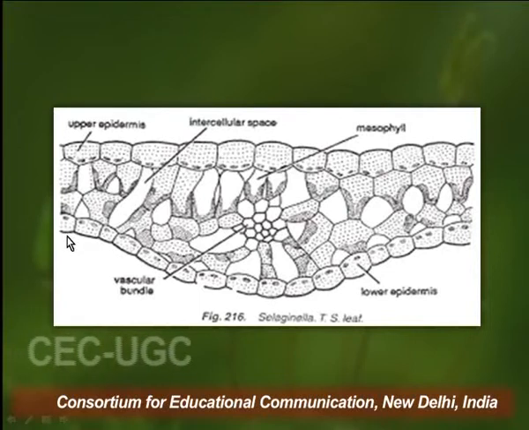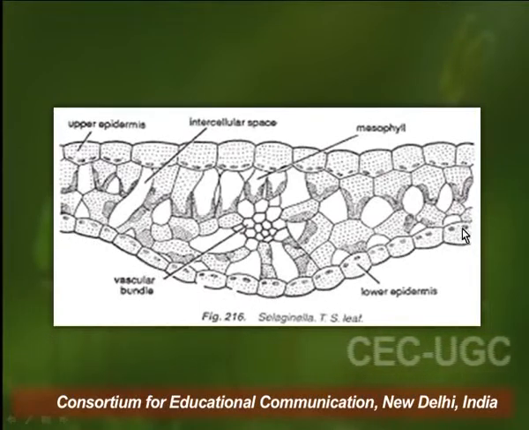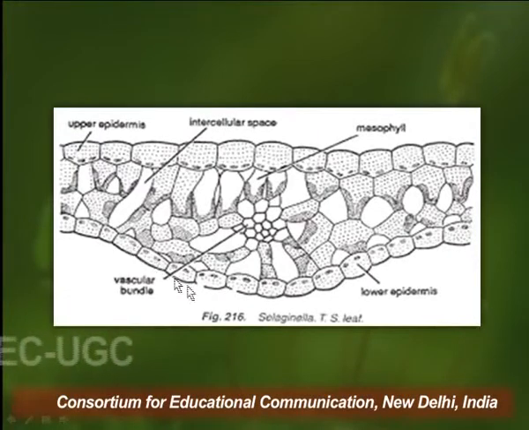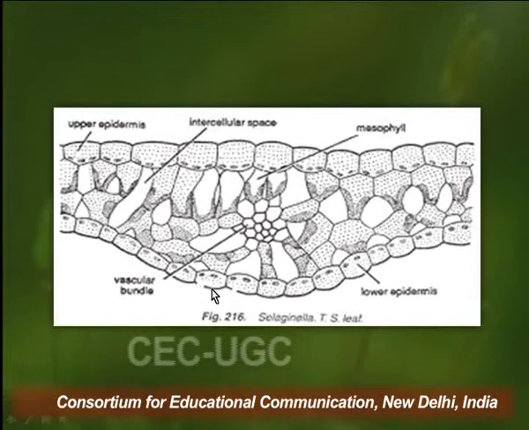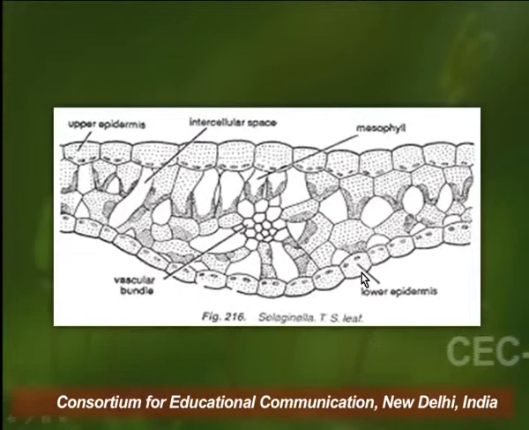And also there is a distinct lower epidermis. On the lower epidermis, we mostly encounter stomata, which can be identified with the presence of guard cells.